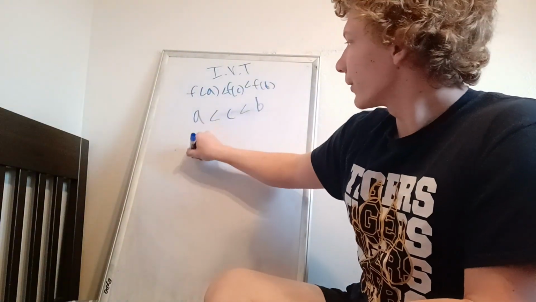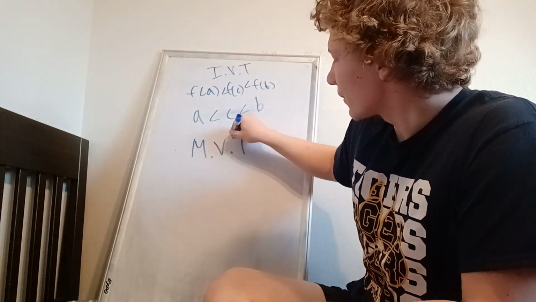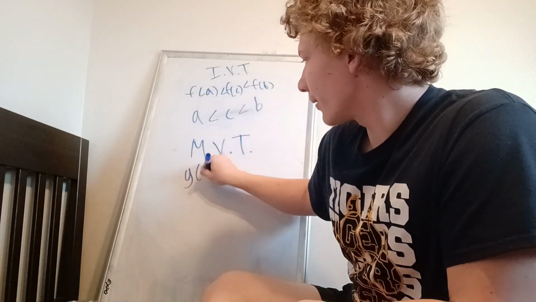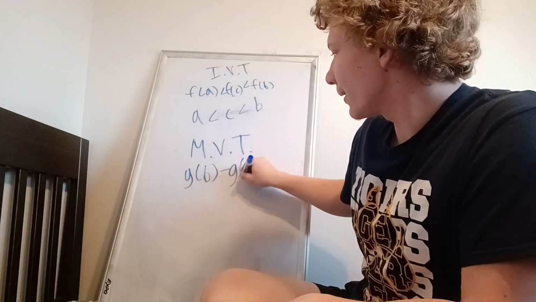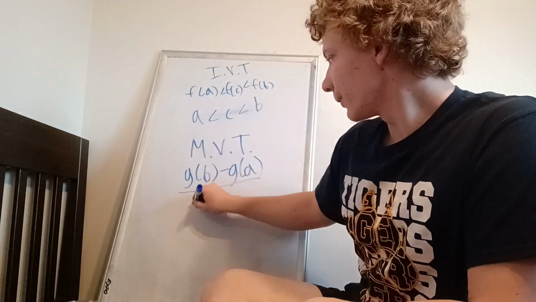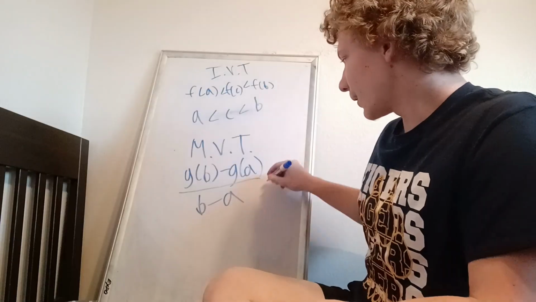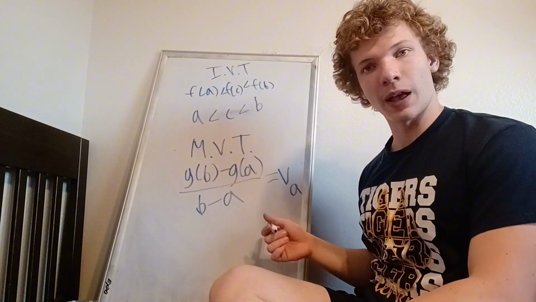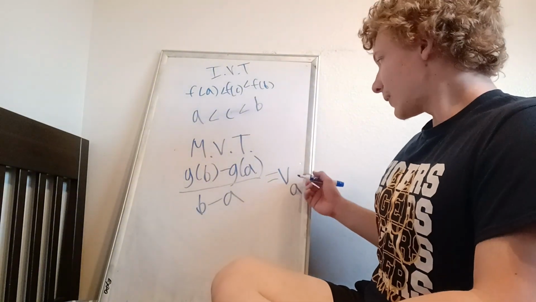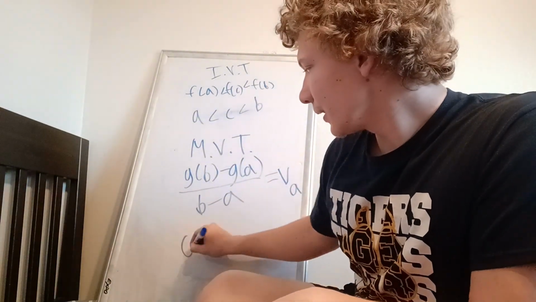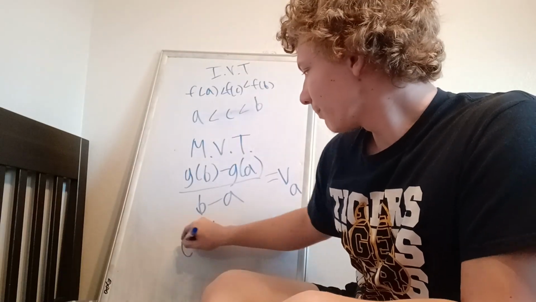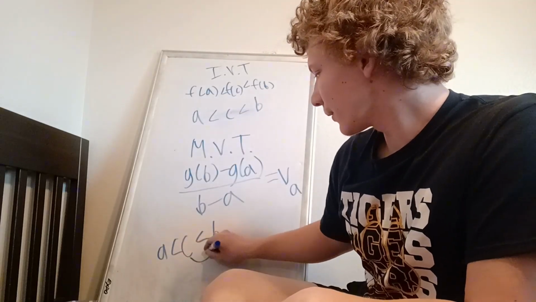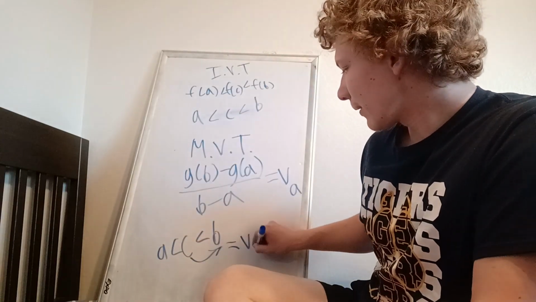The mean value theorem, MVT, gives us that we have g of b minus g of a over b minus a to give us our average rate of change. I'll say VA, maybe velocity average. Then there must be some value c in between b and a such that g prime of c is equal to that VA.